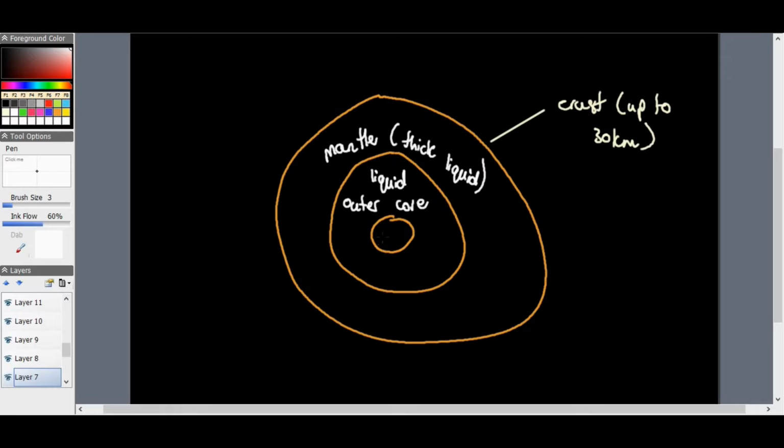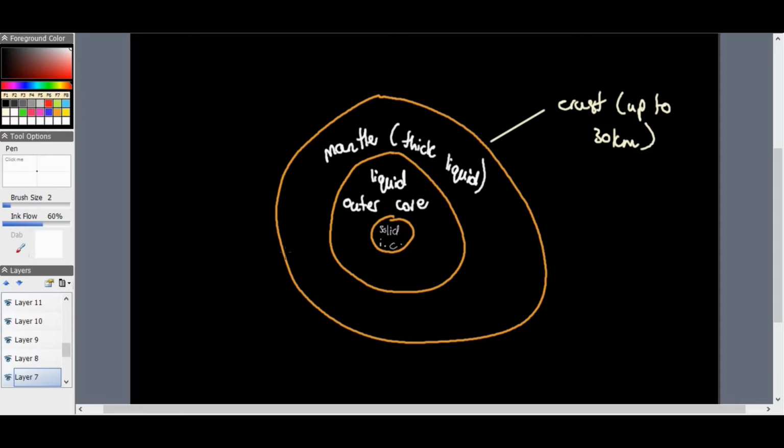And in the middle we've got the solid inner core, which I'm going to abbreviate to IC. So the solid inner core is in the middle, we have a liquid outer core over here, and we've got the mantle, which is thick liquid.